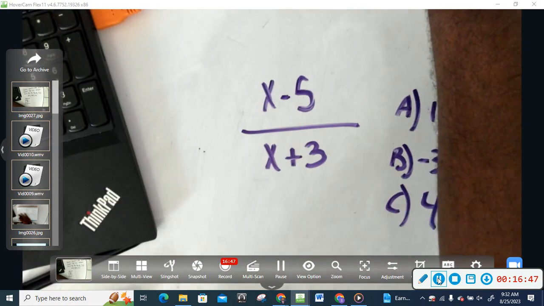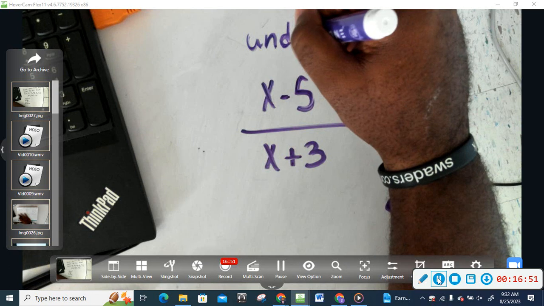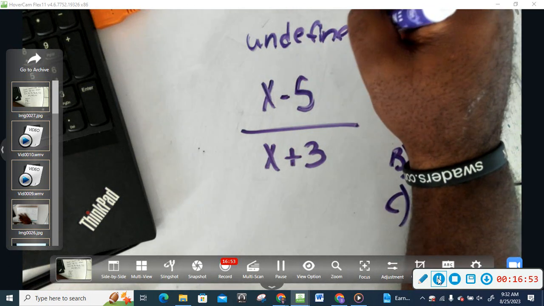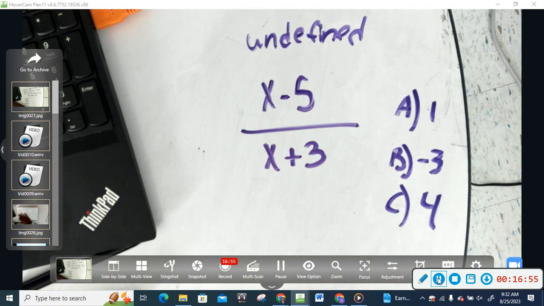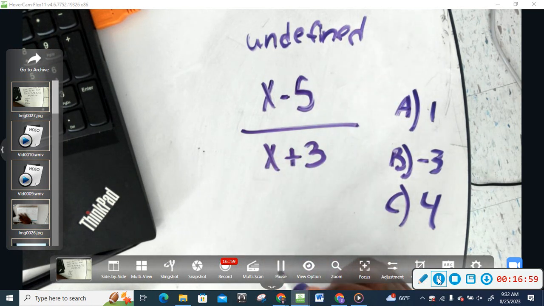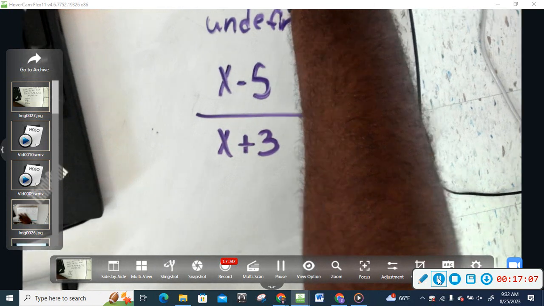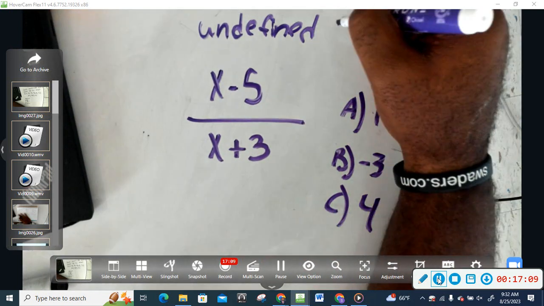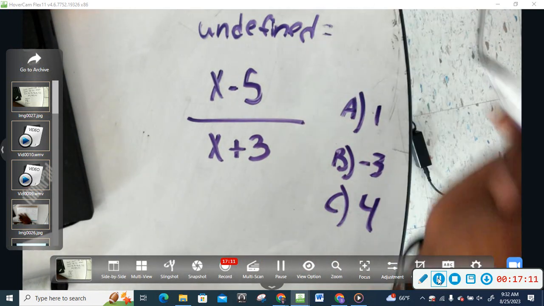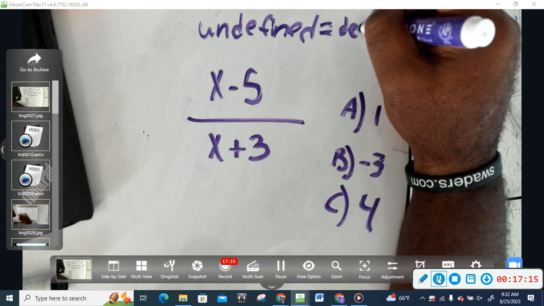All right, so if I see this and they ask me about it being undefined, all that means is my denominator, which is the bottom of my fraction, totals to 0. All right, my denominator totals to 0. So if you want to write that in your notes, undefined equals denominator of 0.